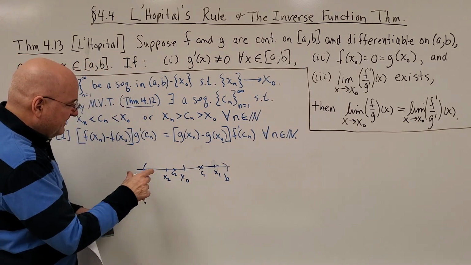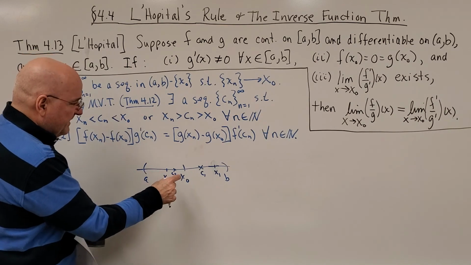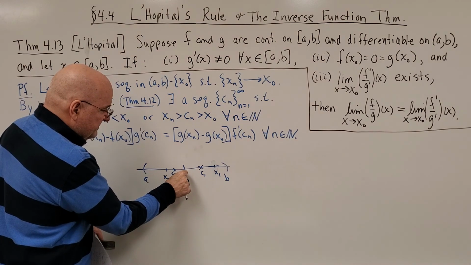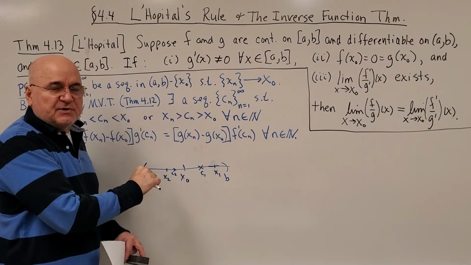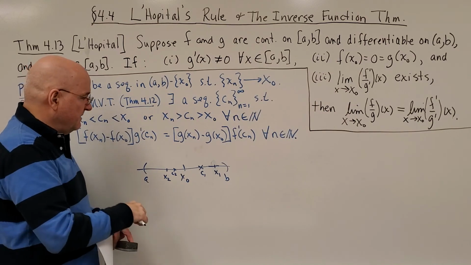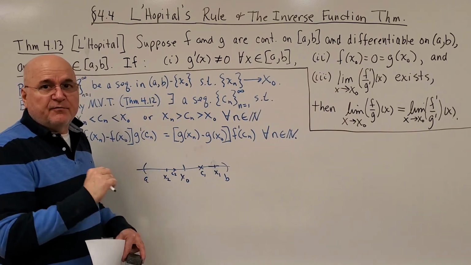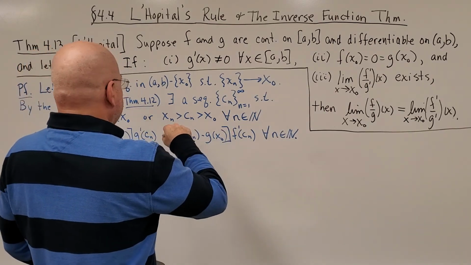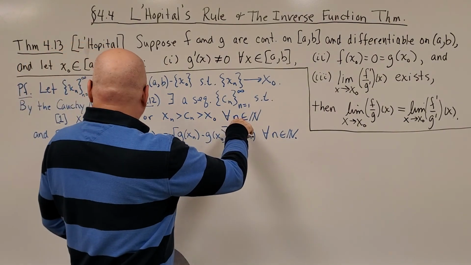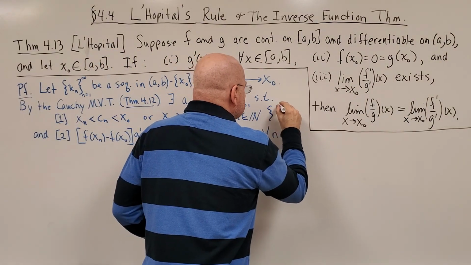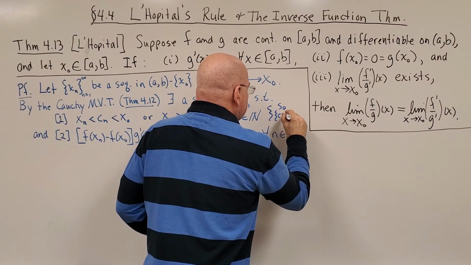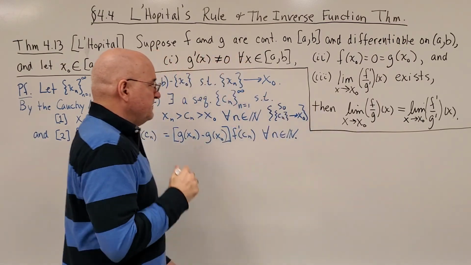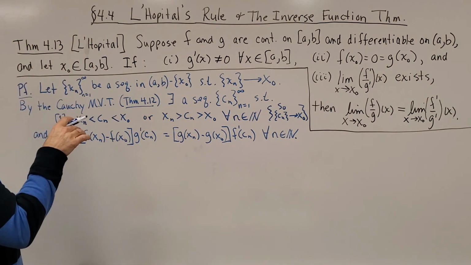That should be easy to see: if the xn's are converging to x naught, and the cn's are always closer to x naught than the xn's, by the squeeze theorem for sequences, we know that Cn also converges to x naught, by the way we've defined Cn.